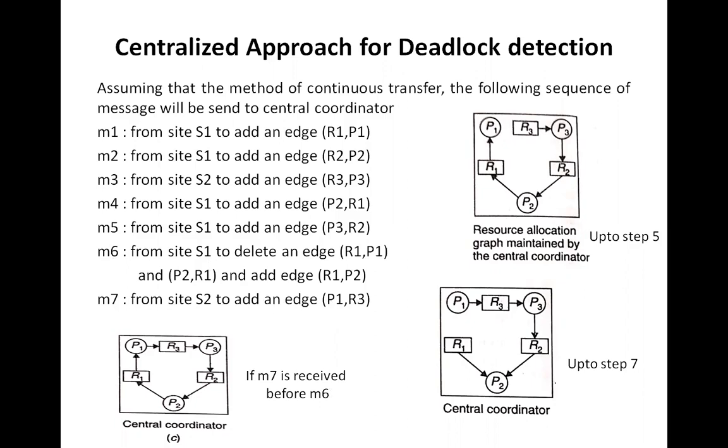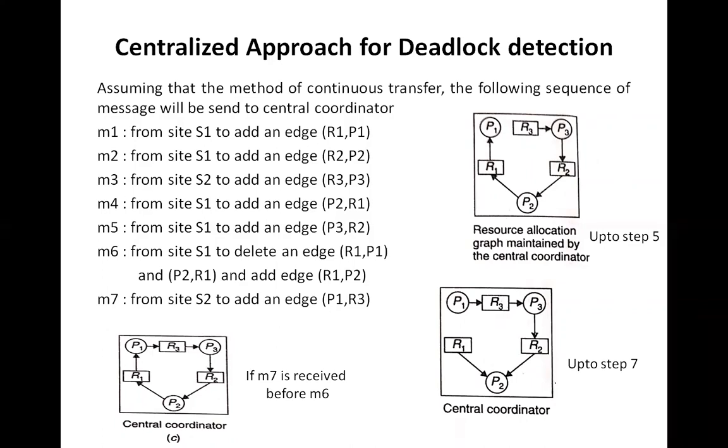If this message is received first before the message M6, the central coordinator will be framing the edges in the resource allocation graph, and it will find that a cycle is being detected.